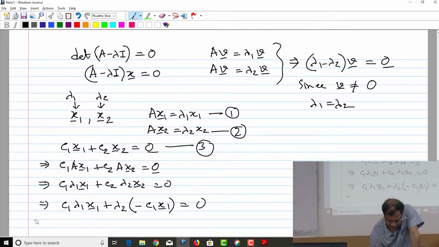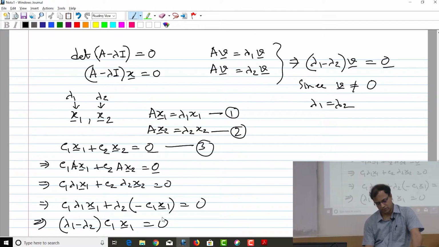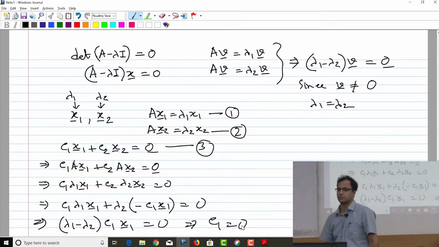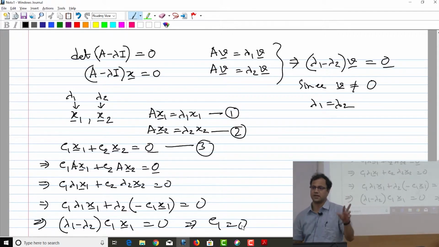This will give you (lambda 1 minus lambda 2) c1 x1 equal to 0. Since lambda 1 not equal to lambda 2, because we have taken distinct eigenvalues, and x1 is an eigenvector, it also cannot be 0 vector. So the only possibility is c1 equal to 0. Then you substitute it in 3 and you will get c2 equal to 0. So this implies that x1, x2 are linearly independent.